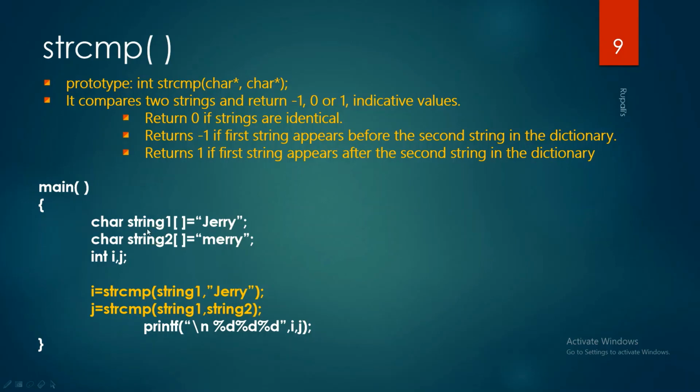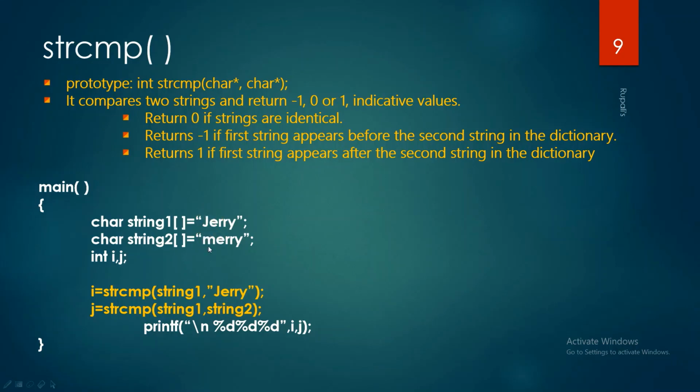See, I am declaring two strings, Jerry and Mary. Now strcmp(string1, "Jerry"). String 1 is Jerry, so comparing Jerry with Jerry, the two strings are identical, so it returns 0. Now strcmp(string1, string2), Jerry and Mary.